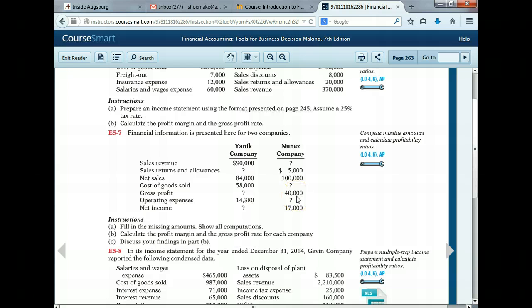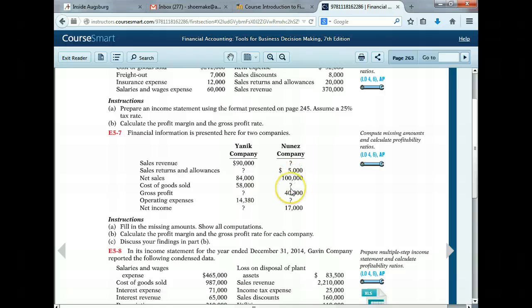Now we know our gross profit minus our operating expenses is going to equal our net income. So if we take the $40,000, subtract from that our net income of $17,000, then that means our operating expenses need to be $23,000.